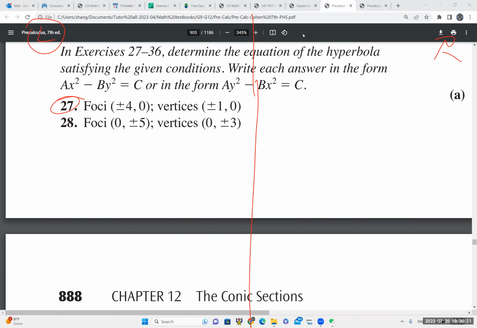Yeah, for problem 27, suppose the graph is like this, right? This is the asymptote. Then the graph looks like this, so the foci are here: 4, 0 and negative 4, 0. The vertices are points here, positive or negative 1, 0.